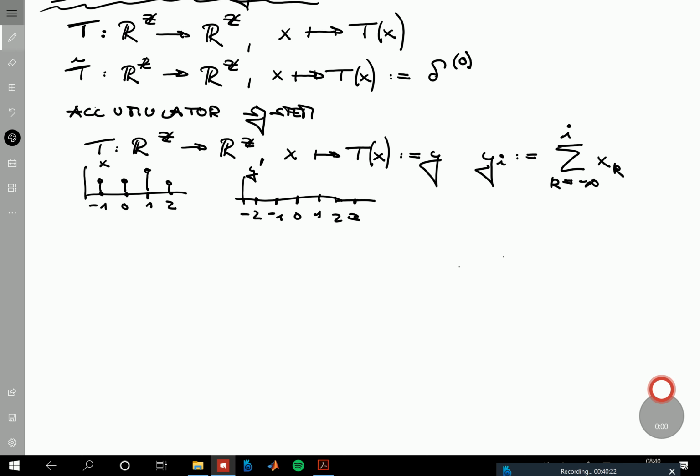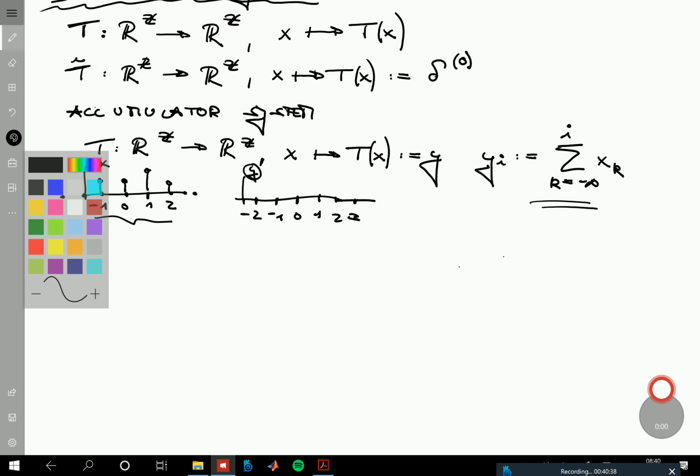What's the value of y at -2, if y is defined like this and everything beyond here for x is 0? 0, exactly, because that's all infinitely many zeros added up.